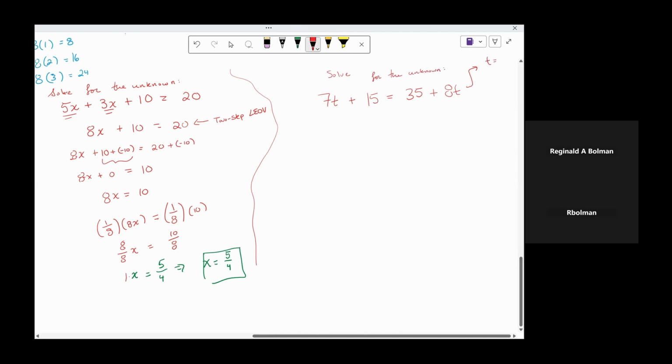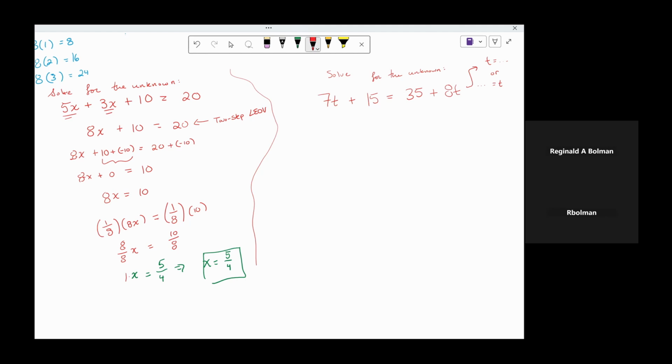We're going to get t is equal to blah, blah, blah, or we'll have blah, blah, blah is equal to t. It really doesn't matter if I say t is equal to something, or if I say something is equal to t. In either instance, we have what we're looking for. We know what t happens to be. And so we would say that we've solved the equation.